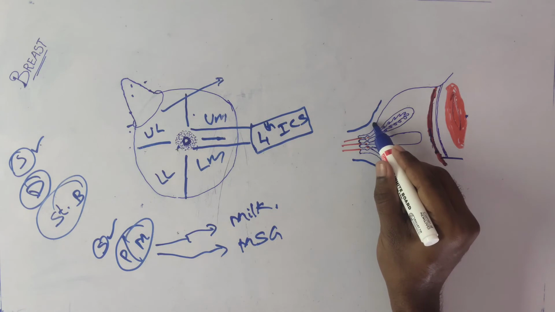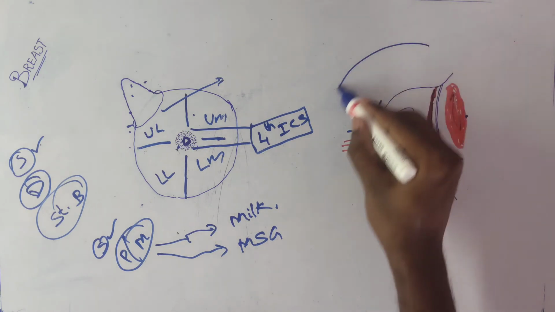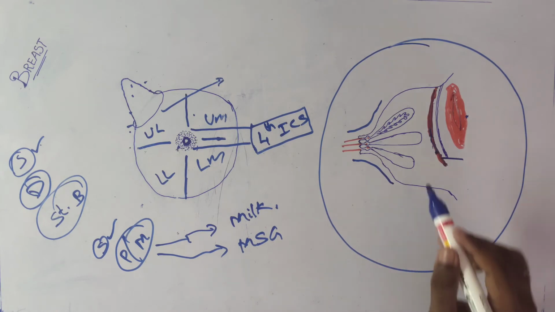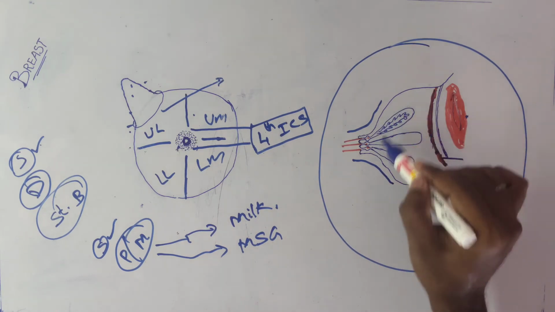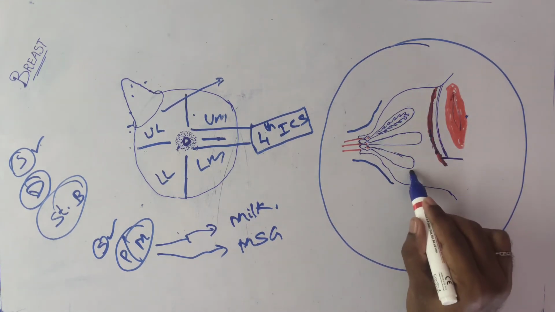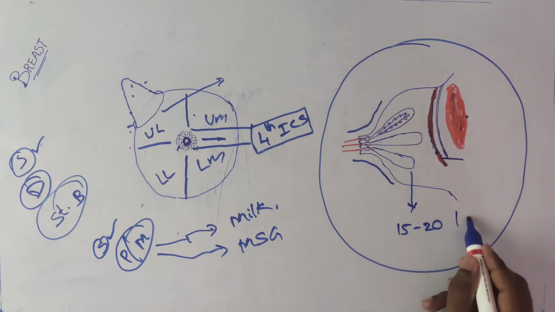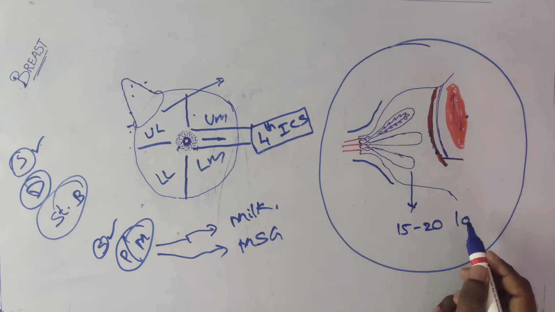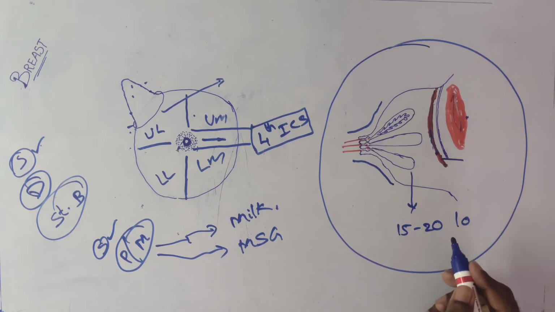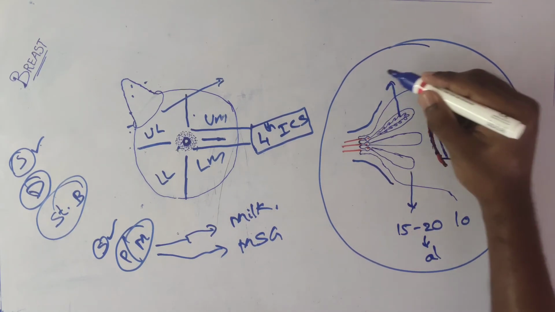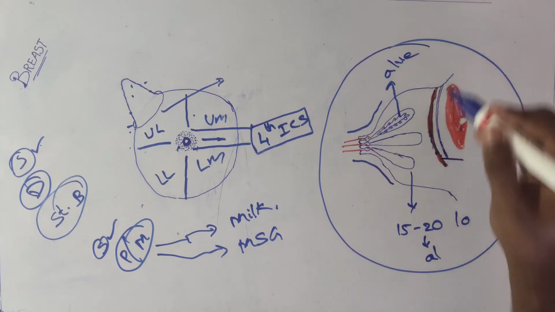This entire content is called breast, and the contents present inside the breast are called mammary gland. These are lobes, 15 to 20 lobes are present in the mammary gland, and each lobe contains many alveoli. These are alveoli.